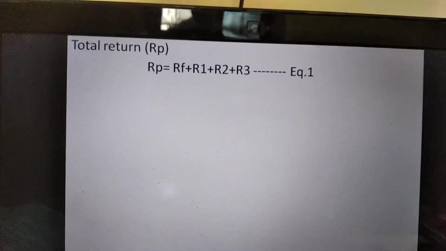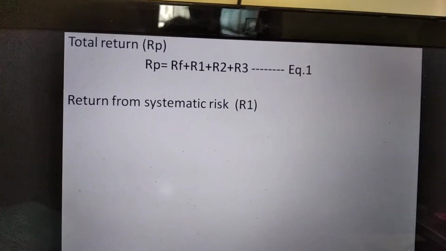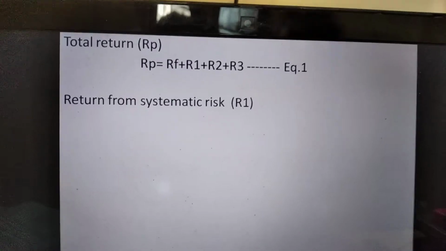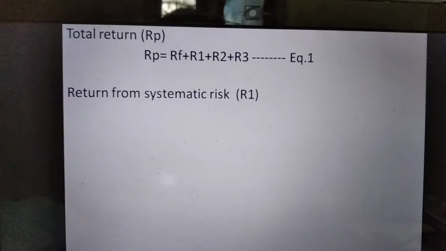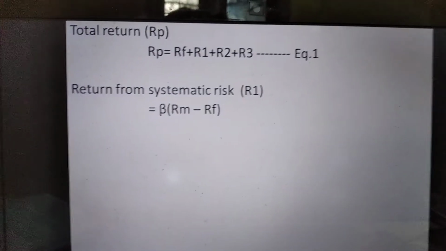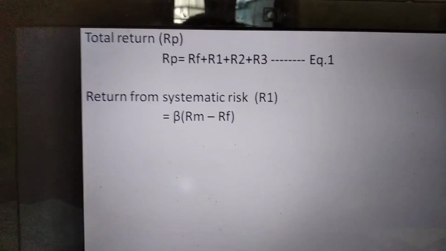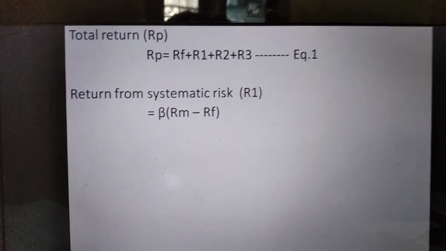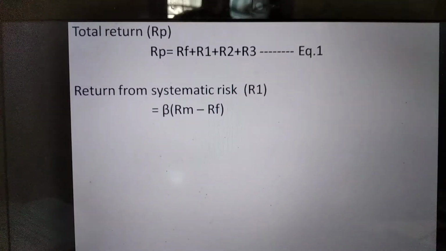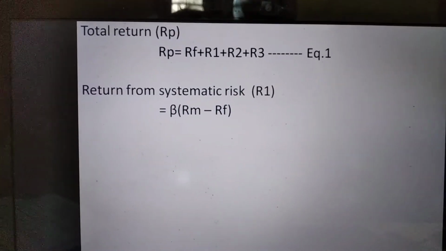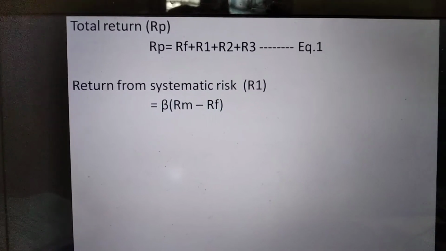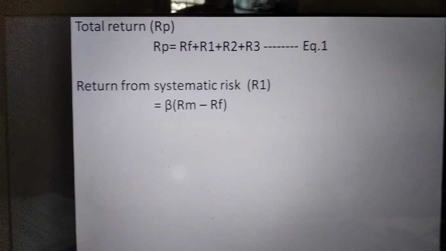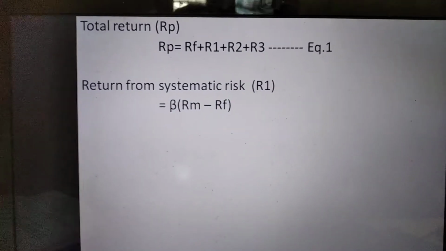Here the return from systematic risk, which we discussed in the previous slide, is R1. It can be measured as beta of the portfolio times the excess return from the market, that is RM minus RF. I hope you all know how to calculate the beta of the portfolio, because we have already discussed it in the class.